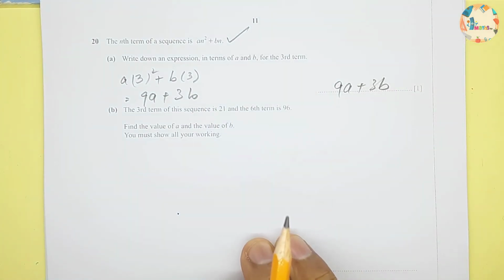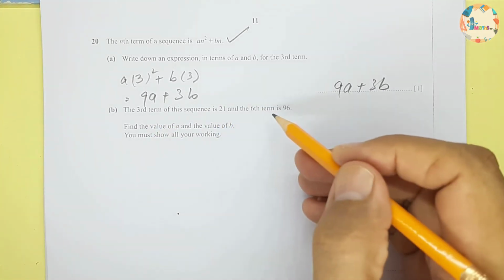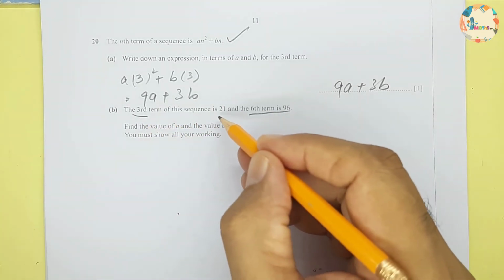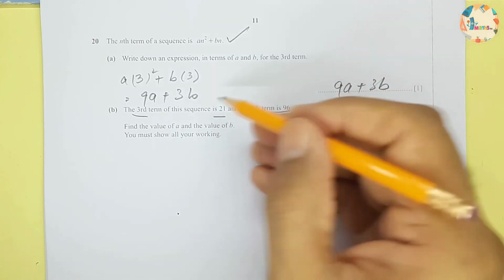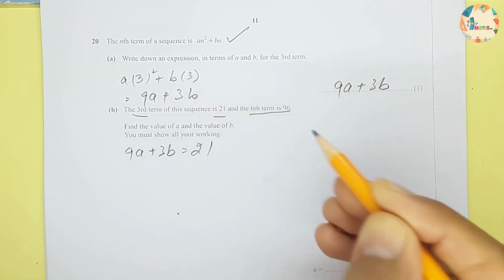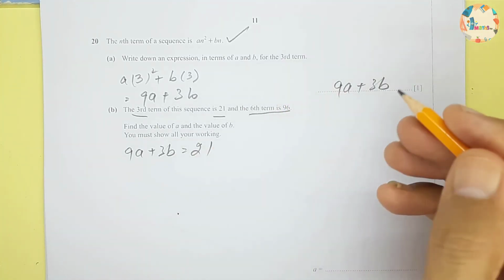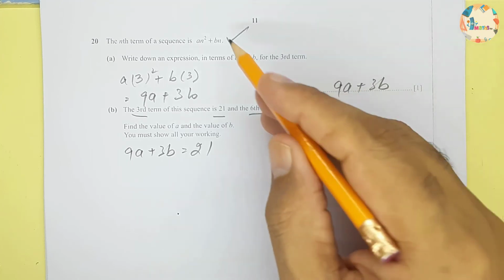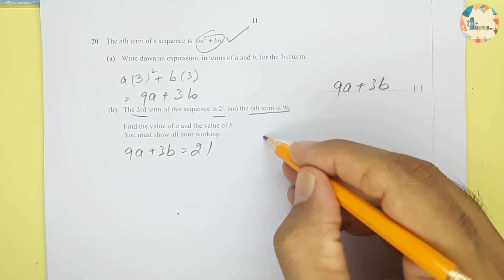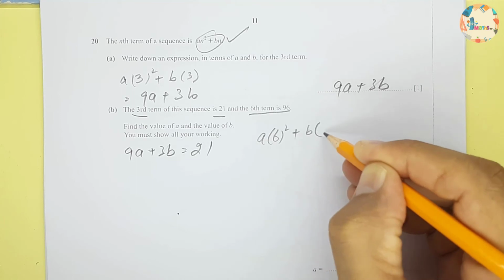Now the next part. They are saying the third term of this sequence is 21 and the sixth term is 96. The third term is 21, and the third term we know is 9a plus 3b. This is equal to 21. And for the sixth term, if we replace n is equal to 6 in this given formula, it will be a into 6 squared plus b into 6.